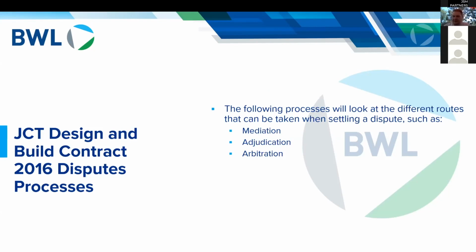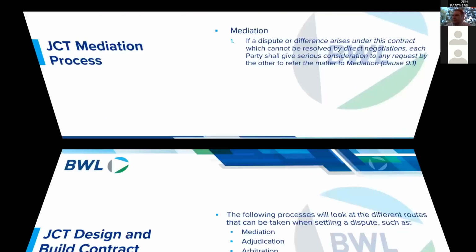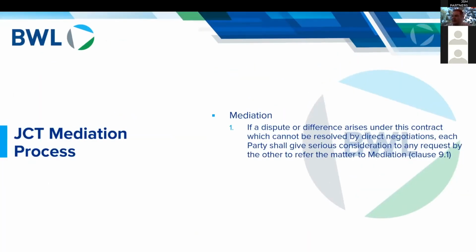The second process is adjudication, and the third process being arbitration, and the fourth being going to court. So mediation can be a formal process, or it can be an informal process. So it can be as much as an independent third party bringing the 2 people in conflict together to try and commercially resolve the matters that are causing problems.